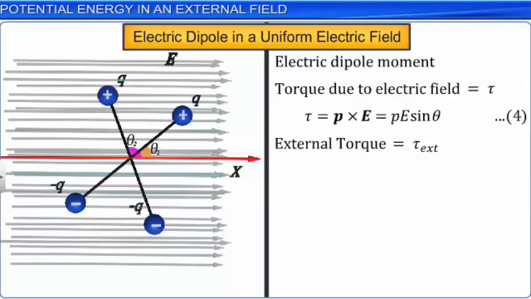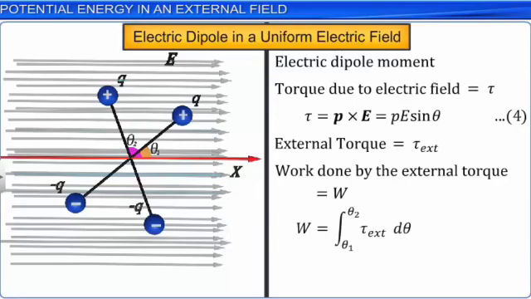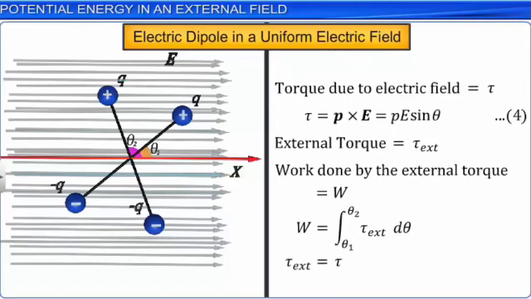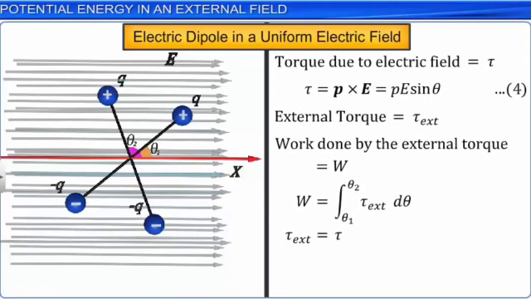Let the work done by the external torque in this process be W. Then, W is equal to integral tau external dot d theta in the limits θ1 to θ2, as tau external is equal to tau. We can write W is equal to integral tau d theta in the limits θ1 to θ2.